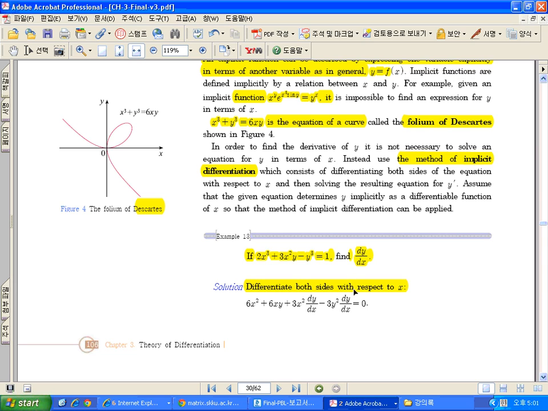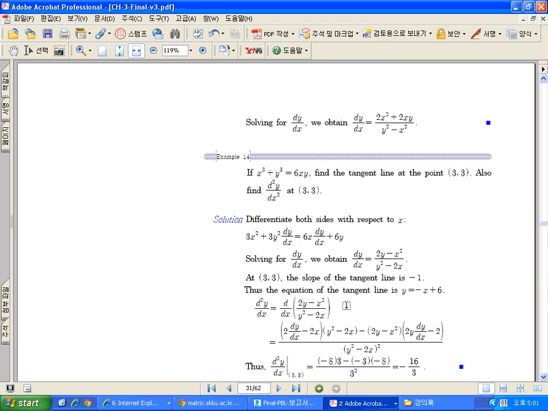The product rule should also be adopted here: the first term times y, and then 3x squared times dy dx, and minus 3y squared times dy dx. This is what we have. So we used the product rule here and the chain rule here.